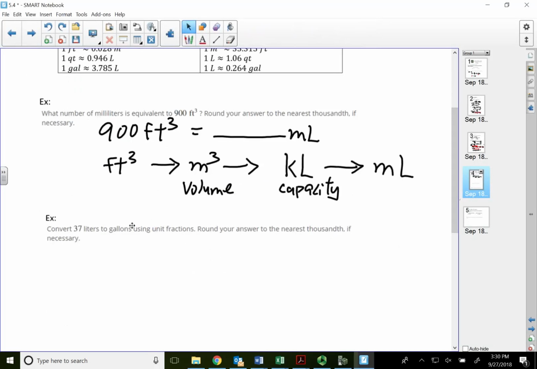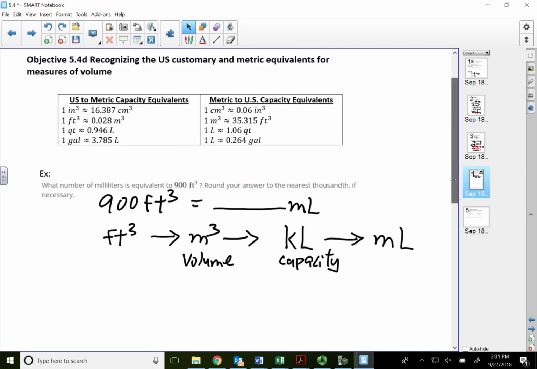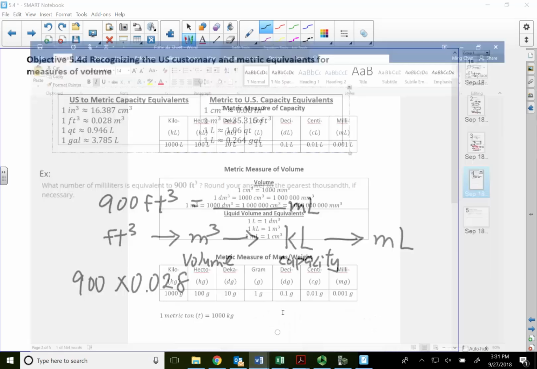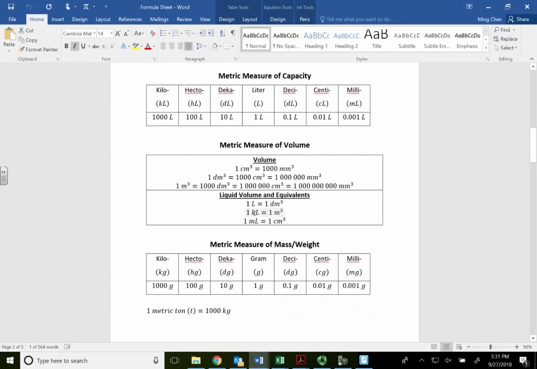So let's take a look. All right. First thing first, take me from 900 cubic feet. And I need to multiply, right? US to cubic meter. I need to multiply by 0.028. So this answer is going to be cubic meters. Well, go from cubic meter to kiloliter on the formula sheet. Cubic meter to kiloliter is a 1-to-1 ratio.